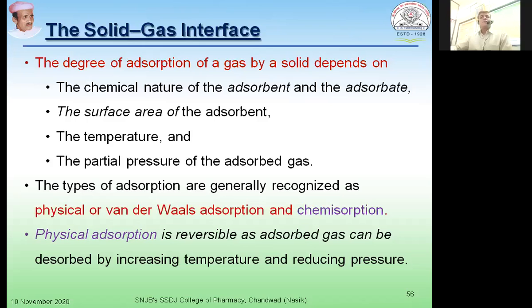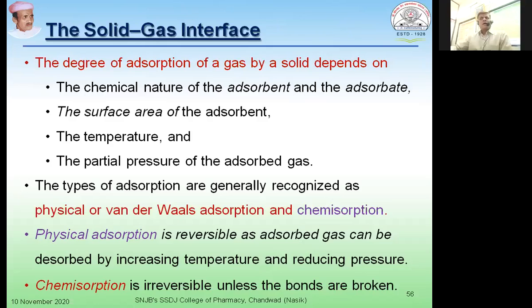Whereas in case of chemisorption, because chemical bond formation is taking place between adsorbent and adsorbate, it is irreversible. And if we want to separate adsorbent from adsorbate, then we will have to work against the bonds which have been formed, and we will have to break the bonds to separate those two materials.